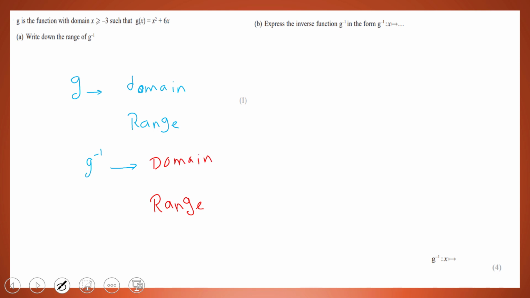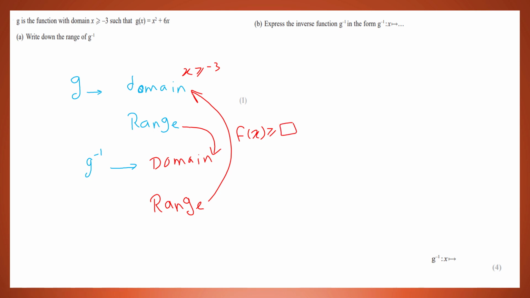Here you write x is greater than or equal to negative 3, and here you write f of x for the range, for example, greater than or equal to something. What will change? Only the range will go here as the x value, and here the range will be f of x of something.